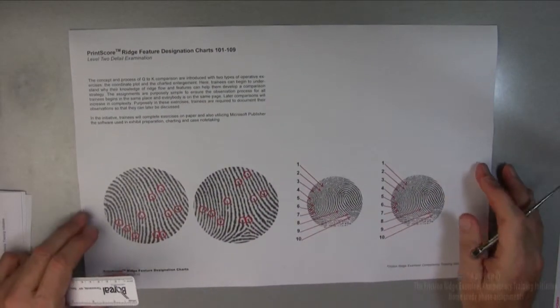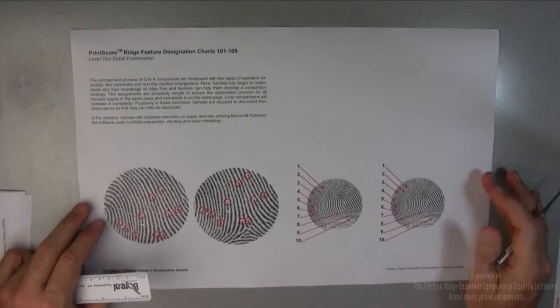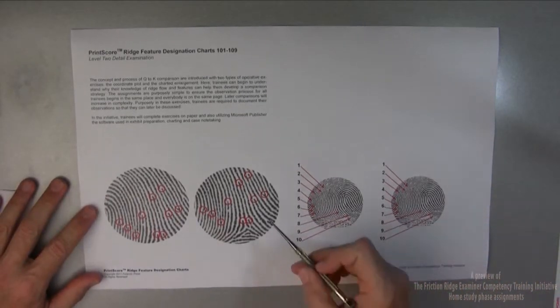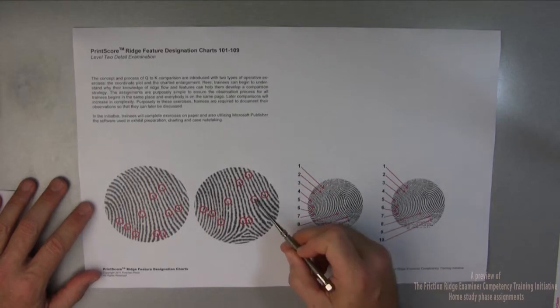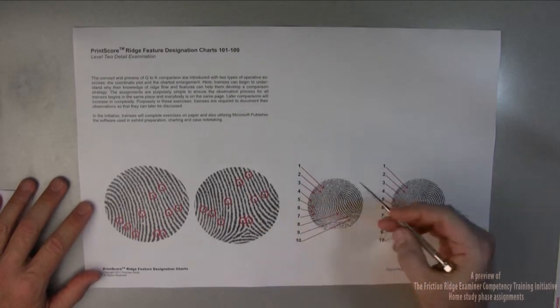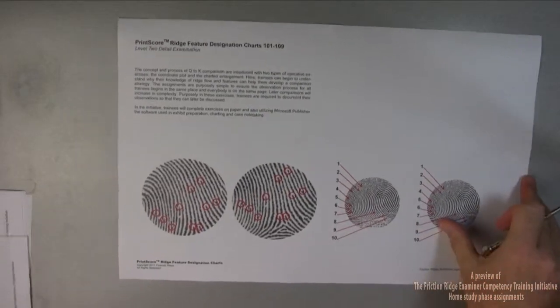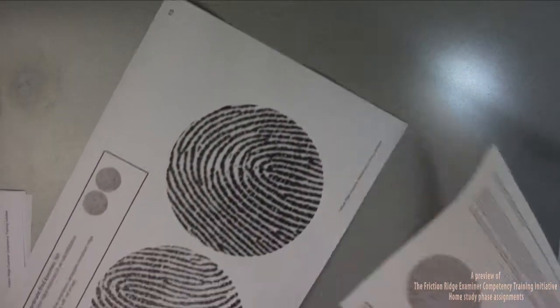The next set of assignments involve ridge feature designation charts, where you will be making coordinate designations by circling features and making a legacy chart. Let's look at assignment number 15.